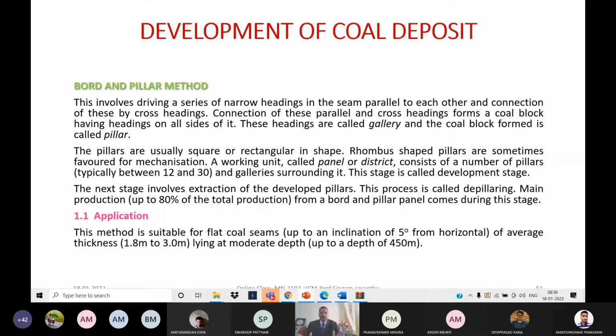And why that is told is because of our previous experiences, maybe experiences worldwide, internationally, whatever the performance was. Based on that, now the application of board and pillar: I need not say much on that because you already know about it, but this is suitable for flat coal seams up to an inclination of 5 degrees.